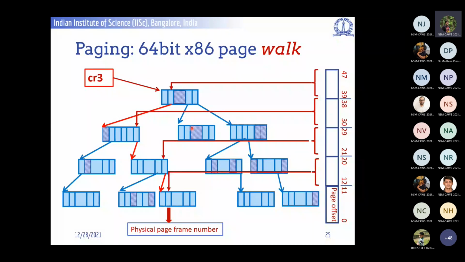At a high level, if you do not have an address space identifier, then you would clear the TLB, flush it. However, newer processors can tag TLB entries with an address space identifier, which identifies which process it belongs to. So then you do not need to flush it.